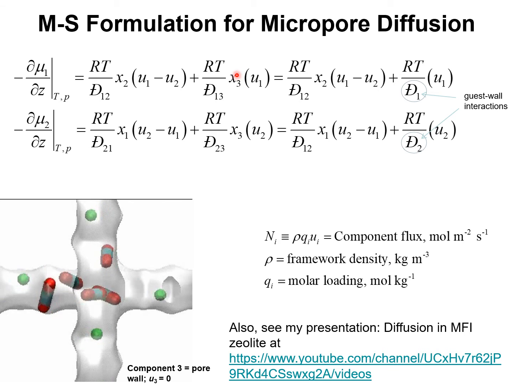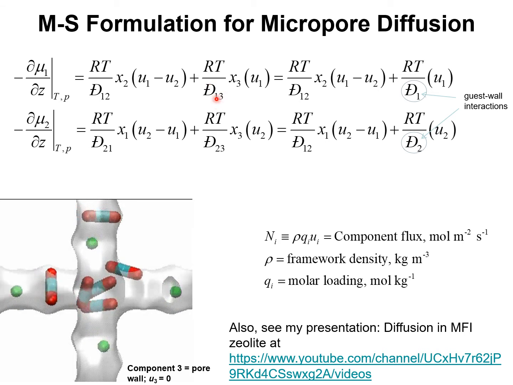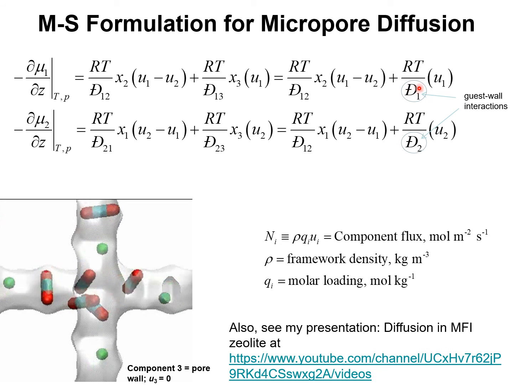The mole fraction of component 3 is undefined, and therefore it is convenient to redefine this diffusivity D13 divided by X3 as the diffusivity D1, which is the interaction that species 1 experiences with the pore wall.